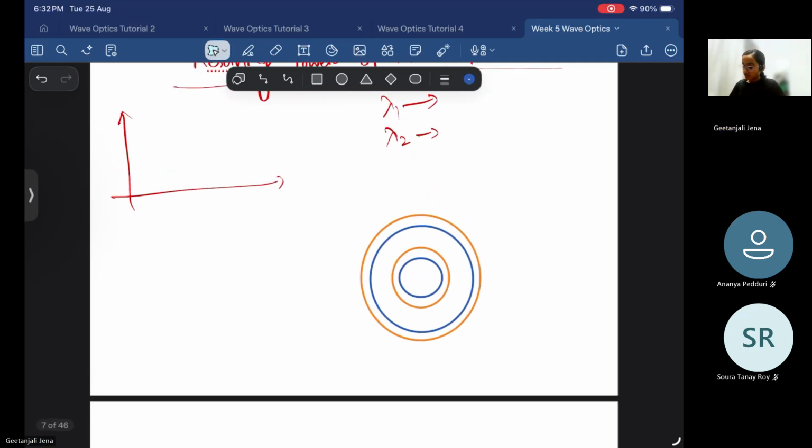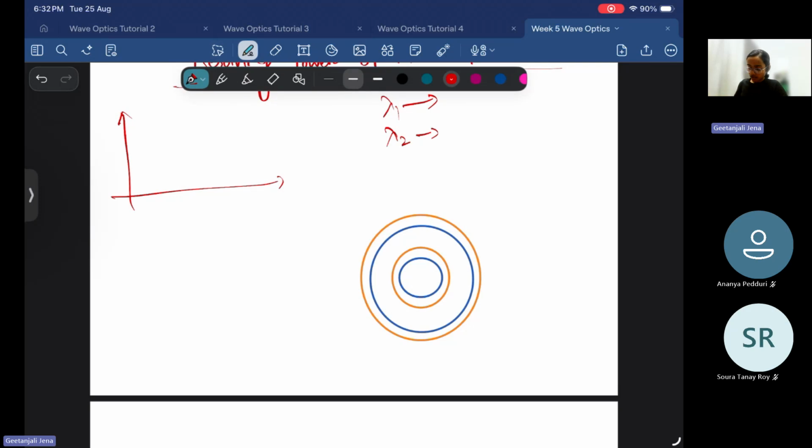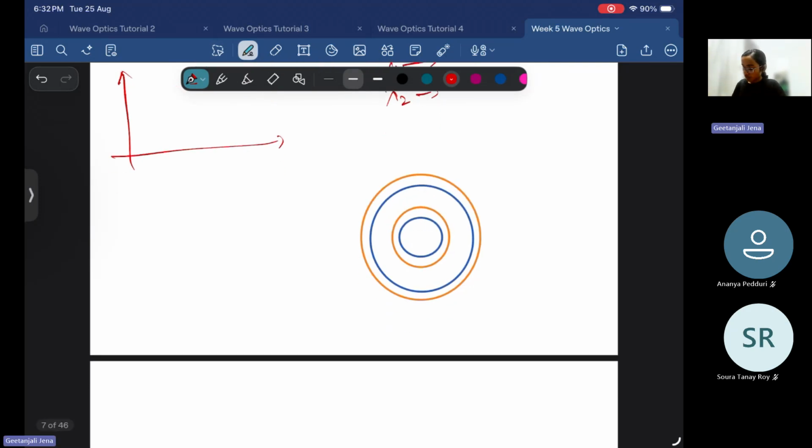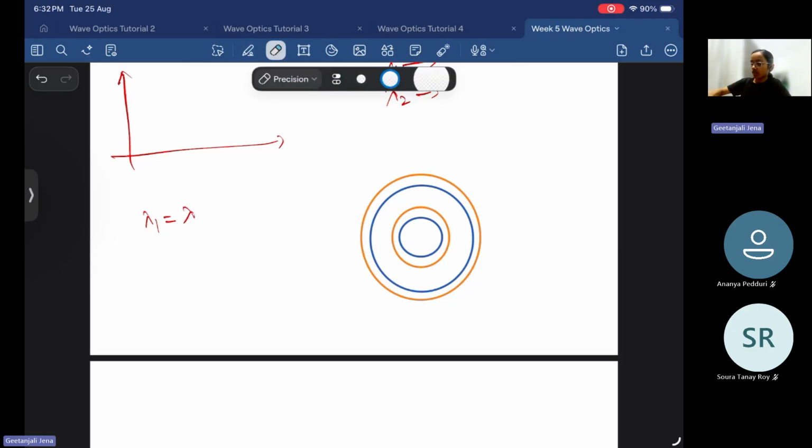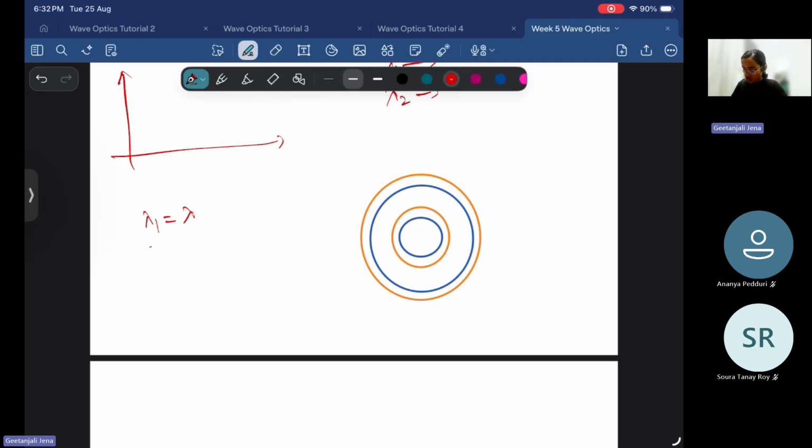So we have lambda 1, give me 1 minute. And we have another wavelength, which is quite close to lambda 1, with a small wavelength gap, delta lambda.